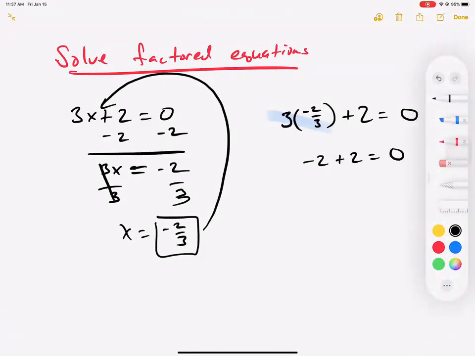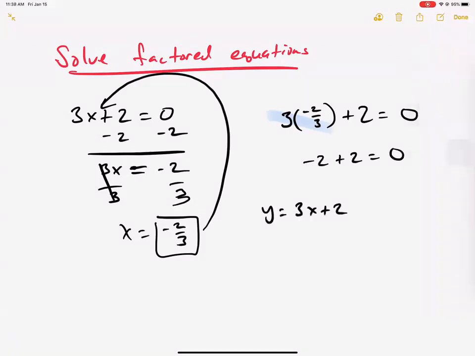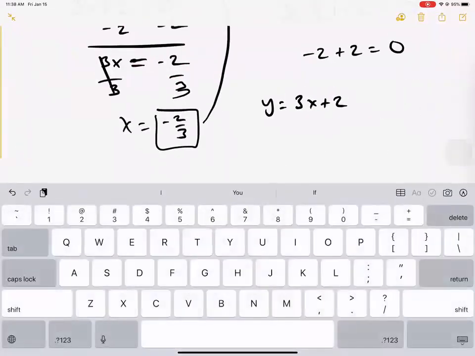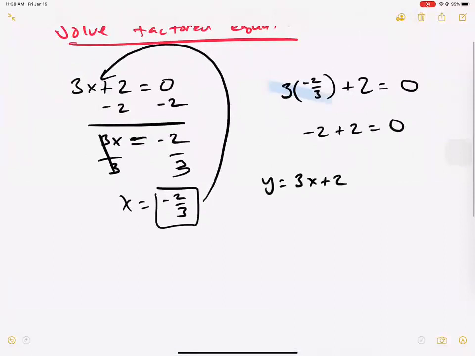Now, what does this represent? If we looked at the graph of y is equal to 3x plus 2, which is our line in slope-intercept form, let's graph this out quickly. The graph would look something like this: put a dot at 2, then positive 3 over 1.